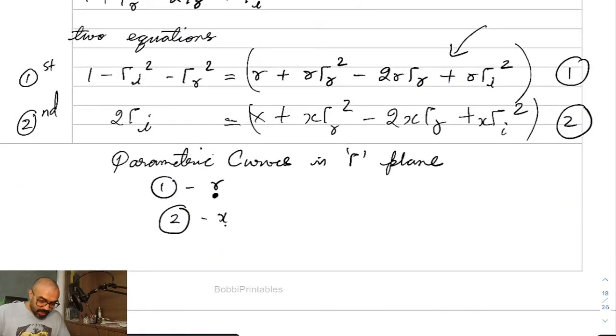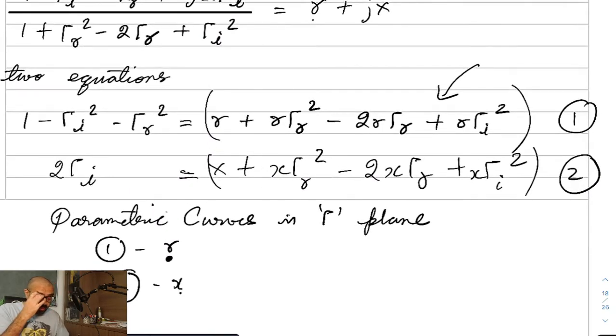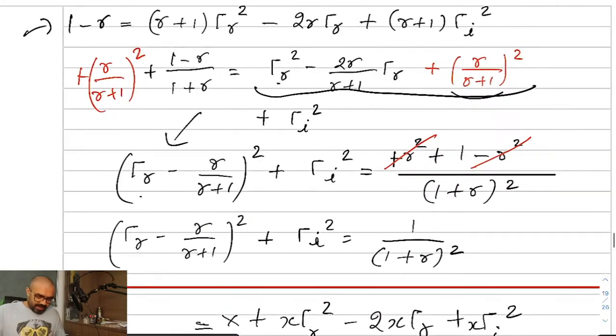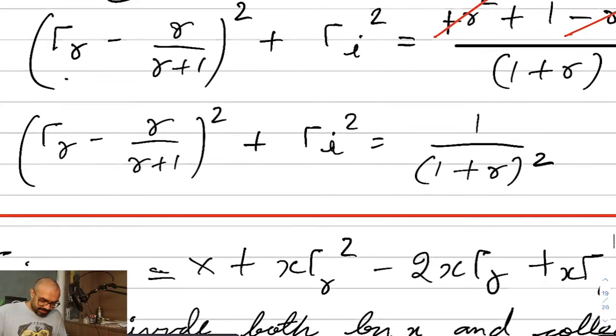Basically, what we do in the first equation then is, we are going to start collecting terms in gamma r together, then we're going to start collecting terms in gamma I, and then we're going to leave all the constant terms on the other side. After doing all this, you're going to end up with this equation.